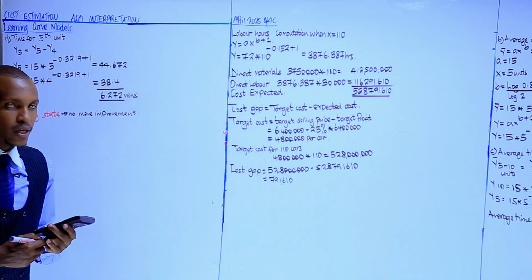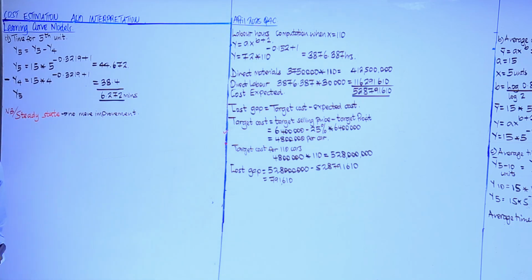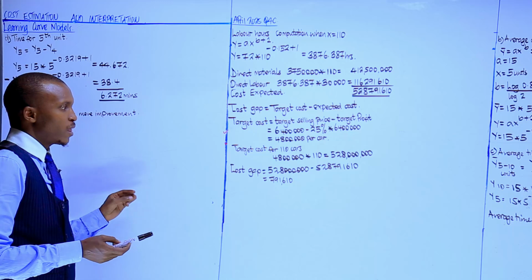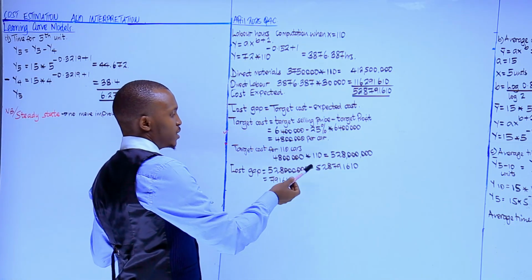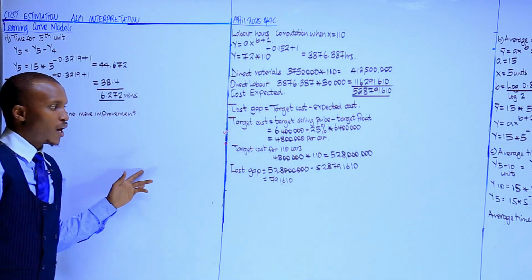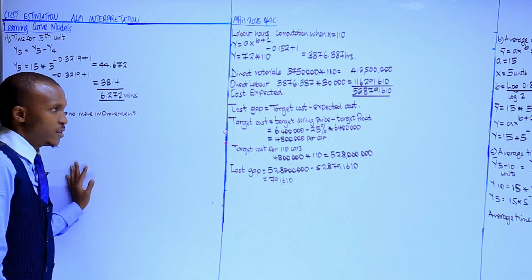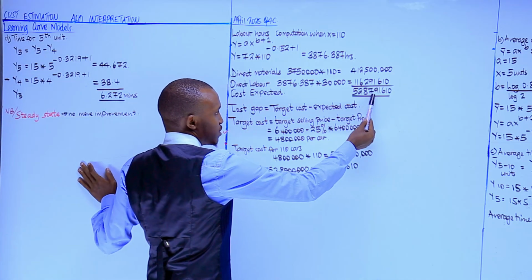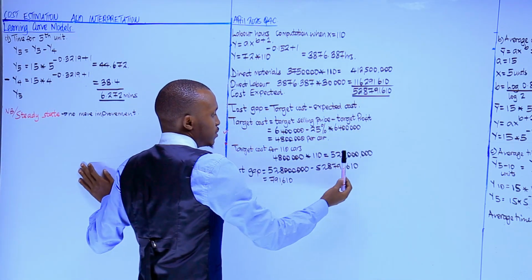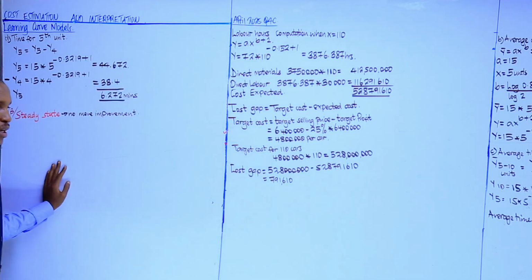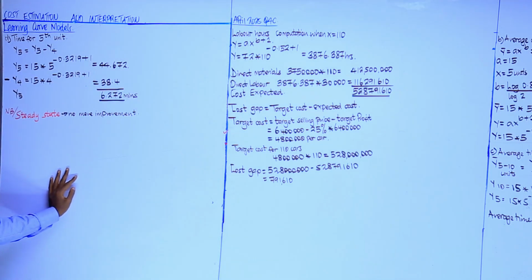That is your cost gap. Basically, it is the difference between the expected and the target, a difference of 791,610 compared to what the company had budgeted or had targeted to incur.